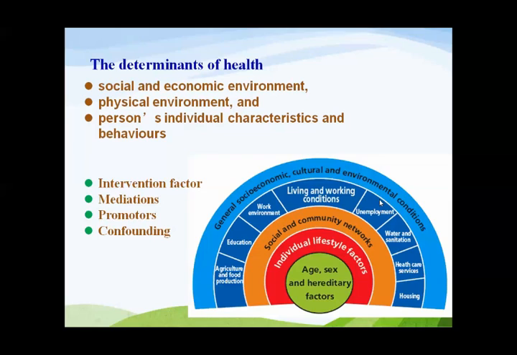Then there are social and community factors, like agriculture and food production. If agriculture and food production in the society is good, healthy food is more available, and automatically the people's health will be good. Education on the other side is also important.